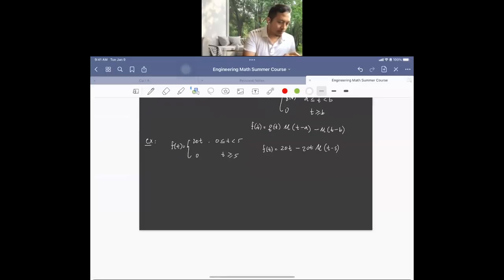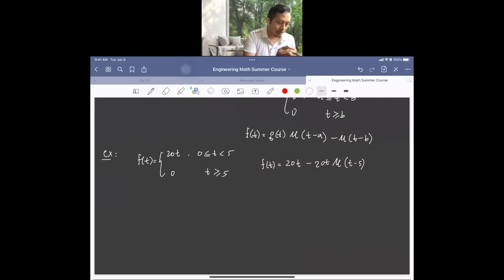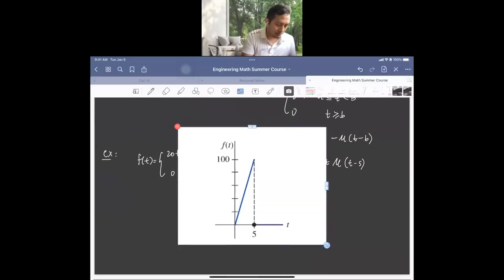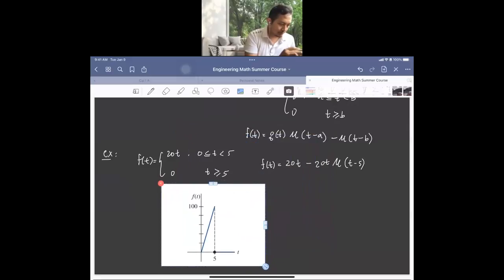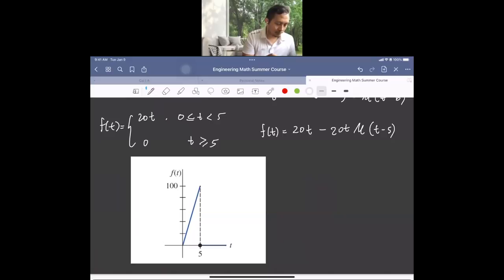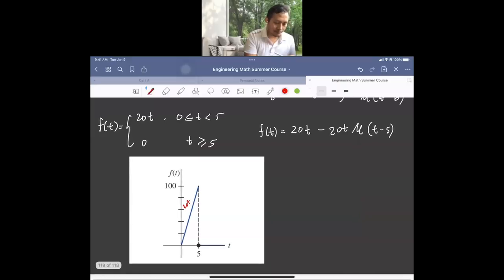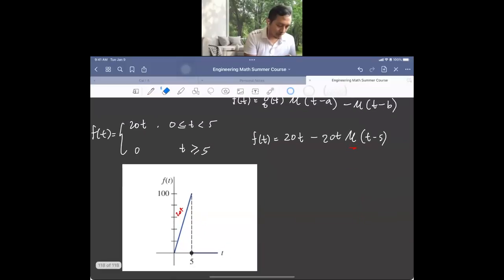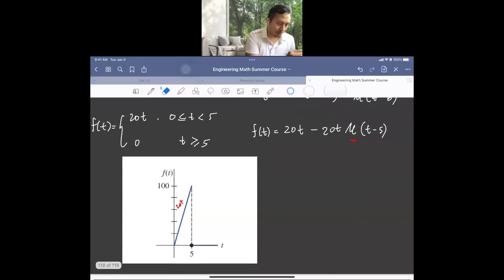So basically what we have is precisely this graph here. So this is 20t up until 5, because at 5 it has the Heaviside, so it switches off and takes the zero value.